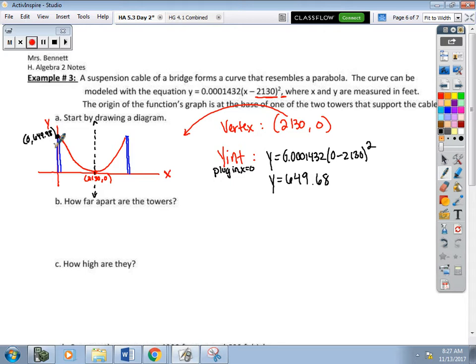All right, so now let's answer the questions. How far apart are the towers? So how far apart are the towers would be looking for this distance. What would that distance have to be? Clayton? Double the vertex, right? So we'll get 4,260.